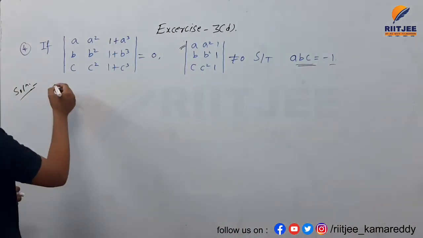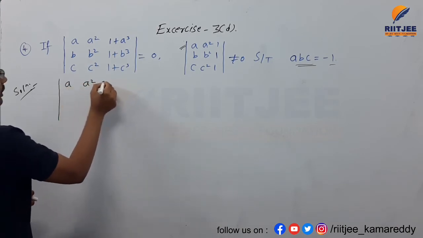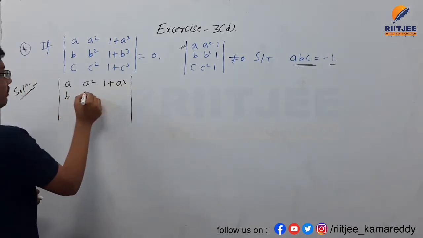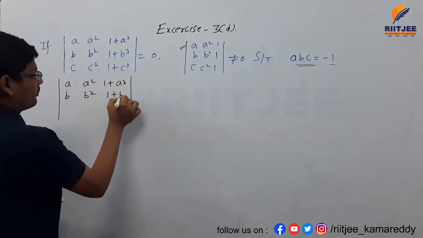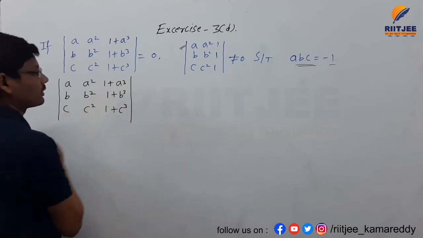Here I am taking the determinant given that |a, a², 1+a³; b, b², 1+b³; c, c², 1+c³|.